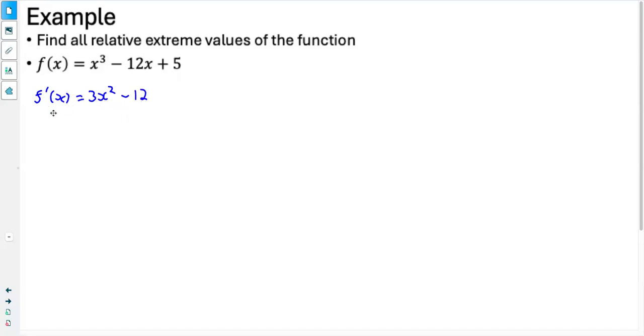Now, if we look at this, we can factor it. So we can factor 3 out, so that becomes 3 times x squared minus 4. We can recognize this as a difference of squares, so that gives us f prime of x, or derivative of f, is 3 times x plus 2 times x minus 2.